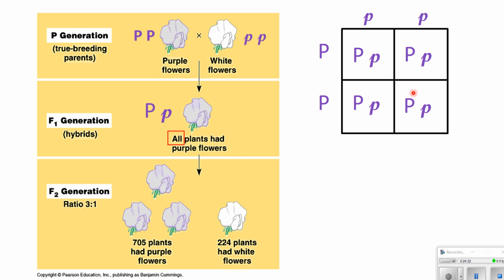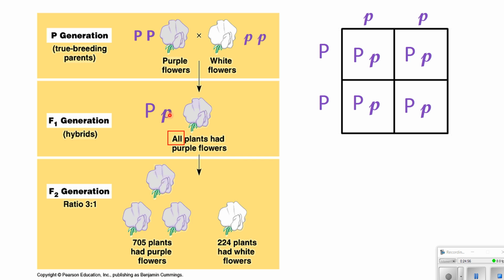Every single offspring is going to get a big P from this parent and a little p from this parent. That means this plant has a purple allele and a white allele, but only the purple allele is expressed. Mendel called this dominance.